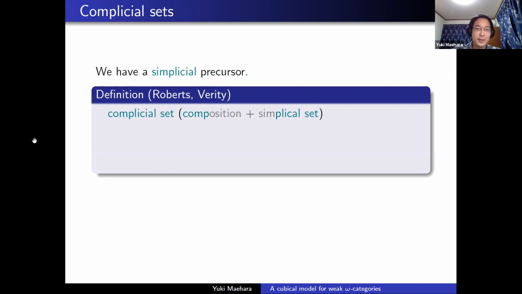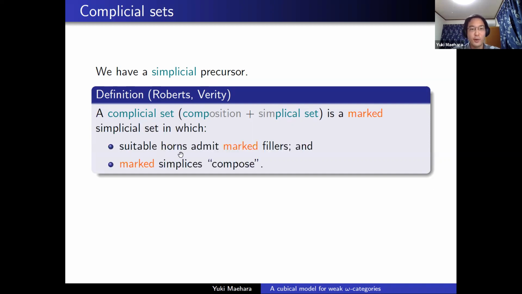Anyway, a complicial set is a marked simplicial set in which suitable horns admit marked fillers, encoding compositions and coherence in a similar way. And these marked simplices compose.